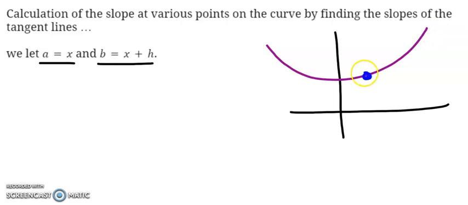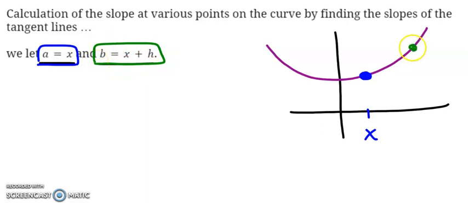I wanted to know the slope at this moment, A, but it says that we're going to let A be equal to x. So I'll put x there. And then B is supposed to be equal to x plus h. So I'm going to label my point that had an input of B, but instead I'll call that x plus h. This then was my red secant line.